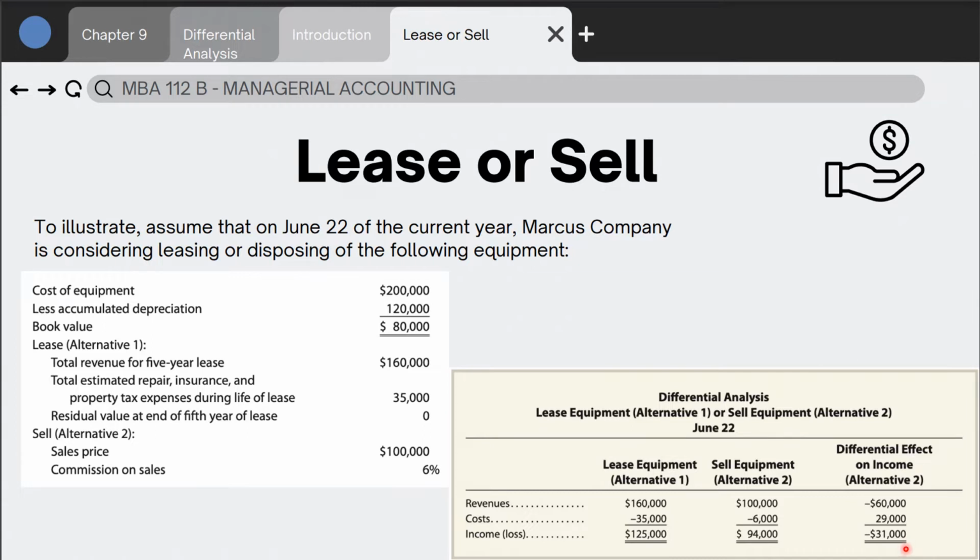So that means there is a differential loss if we are going to sell the equipment instead of leasing the equipment. So in here, step 4, making a decision, it should be to lease the equipment. So you'll have 125,000 in income compared to alternative 2 of 94,000 in income when you sell the equipment.